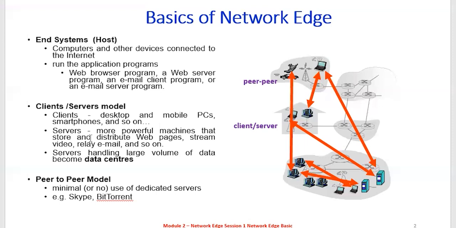The second model we have is the peer-to-peer model. This peer-to-peer model is mainly introduced to minimize the usage of dedicated servers. Examples are Skype, BitTorrent, etc. Here it shows different models where end devices can be connected directly.